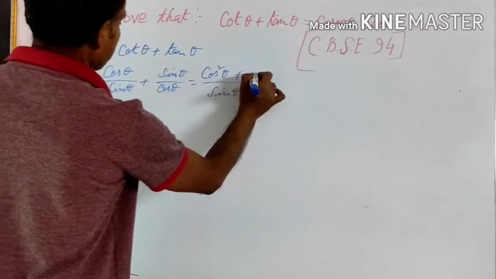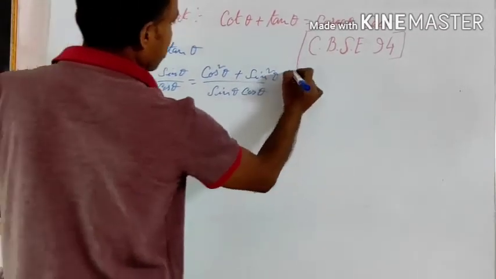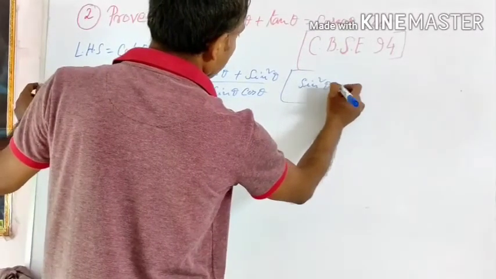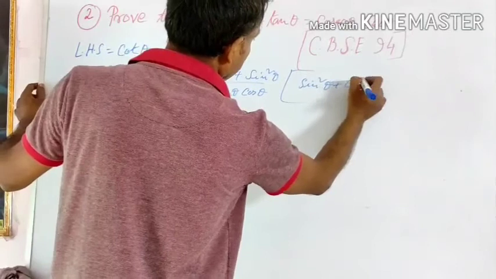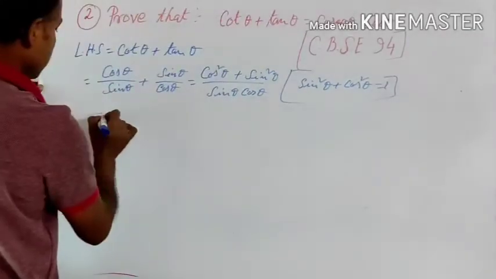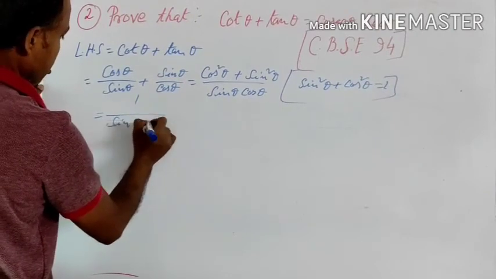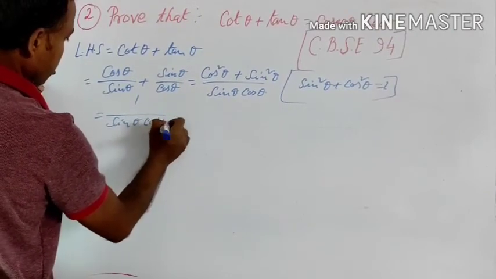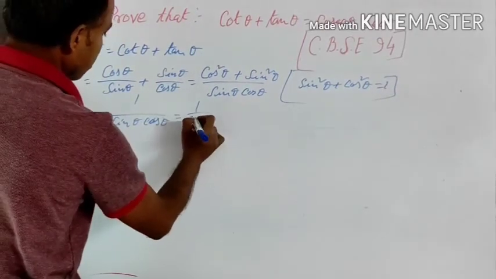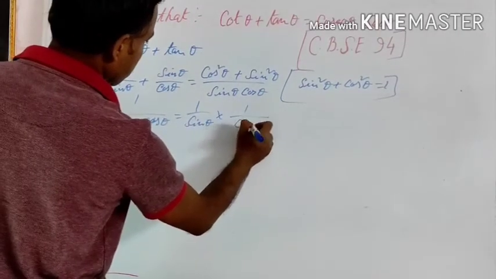plus sin square theta. We know that sin square theta plus cos square theta is equal to 1. So 1 by sin theta into cos theta, which is 1 by sin theta into 1 by cos theta.